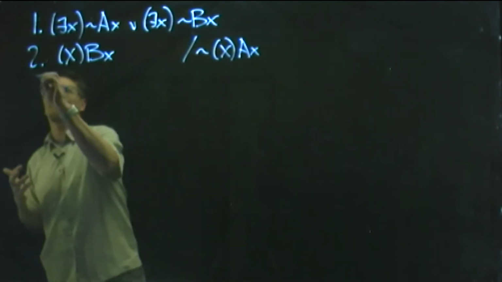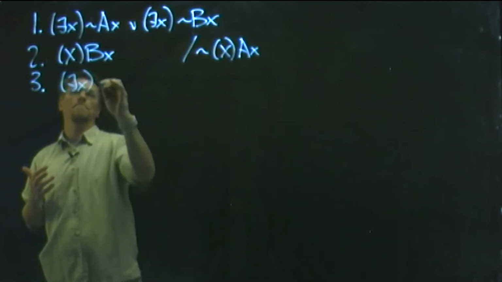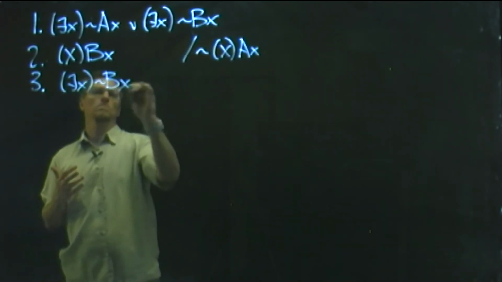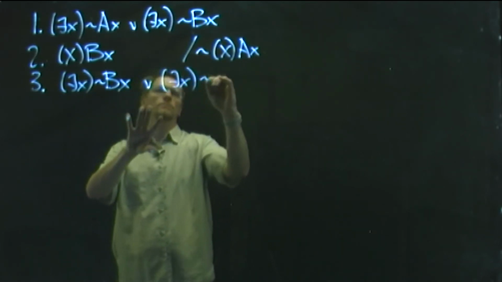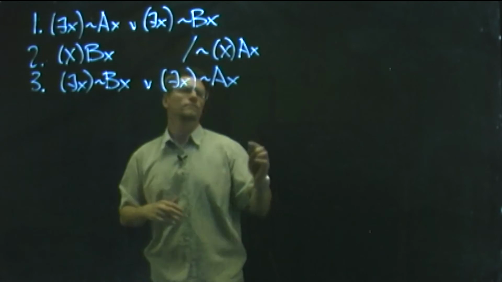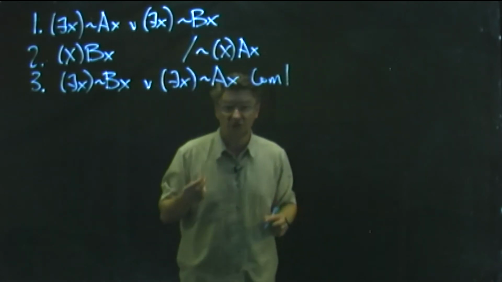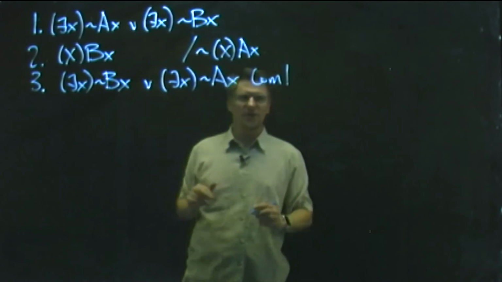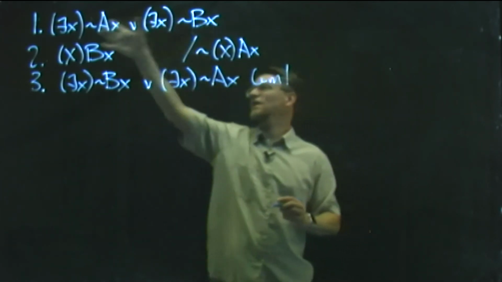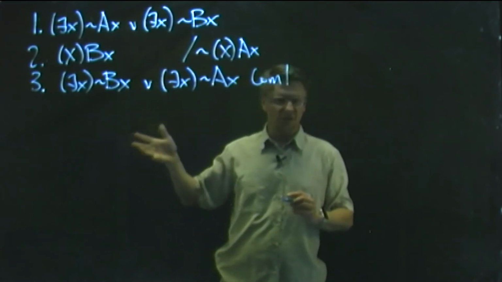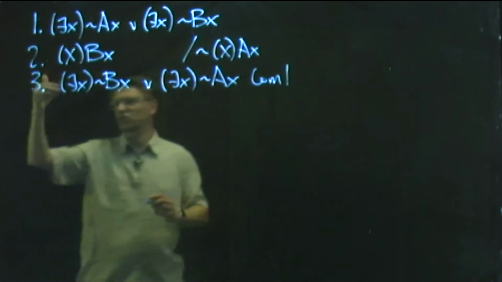And so we can use commutativity on 1 to flip it and make it the way we want it to, right? So we're just flipping that around the wedge, just like we did in Chapter 6, okay, to put that over there, because now we're closer to a disjunctive syllogism.